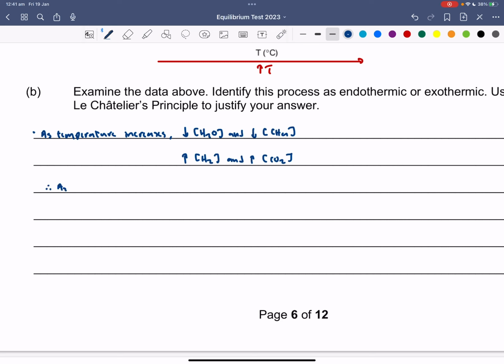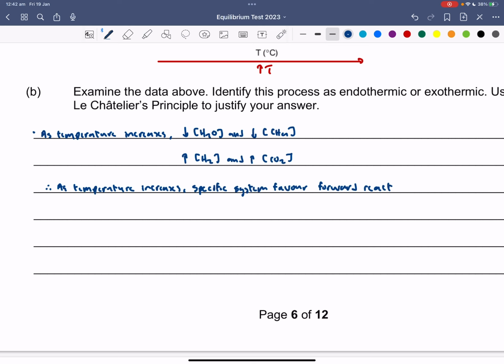Therefore, as the temperature increases, this specific equilibrium, or this specific system, favors the forward reaction.